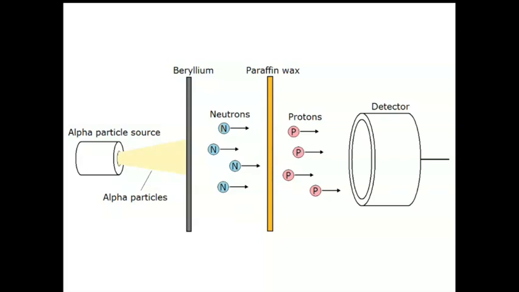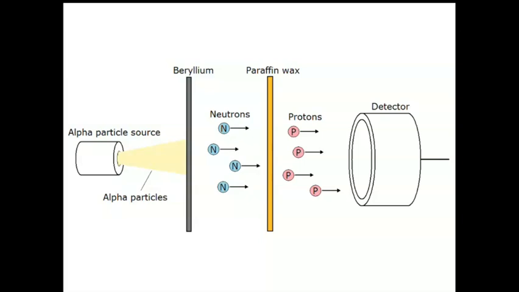In order to determine the mass of these particles, he placed a paraffin wax sheet in front of them. The moment these neutrons struck the paraffin wax, they produced protons. Now, as compared to electrons, protons are heavier particles. So only the particles having almost similar mass to protons can generate the protons.